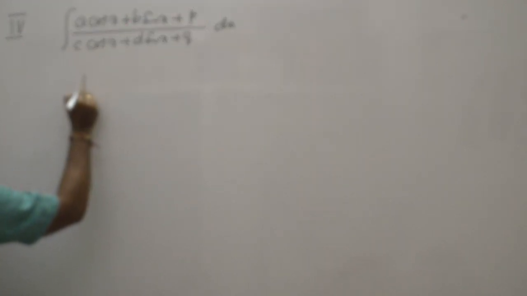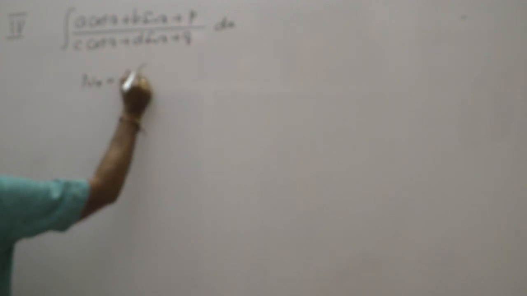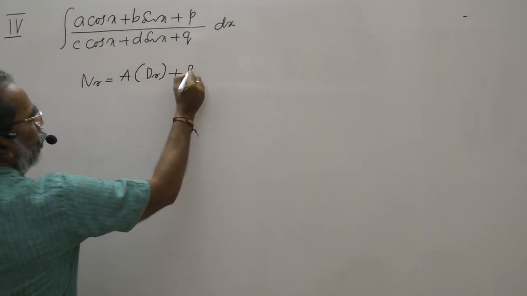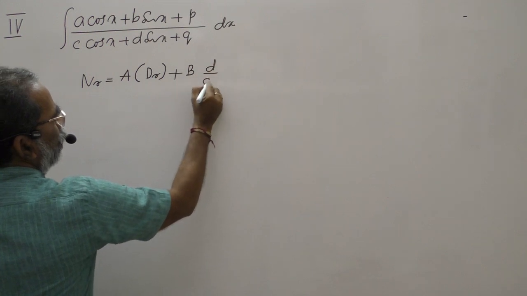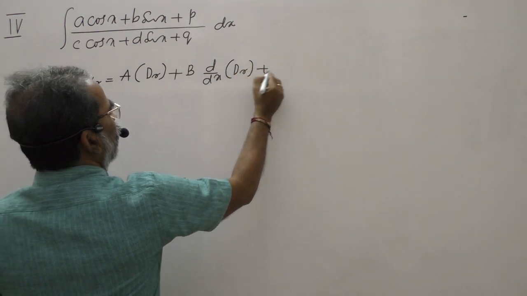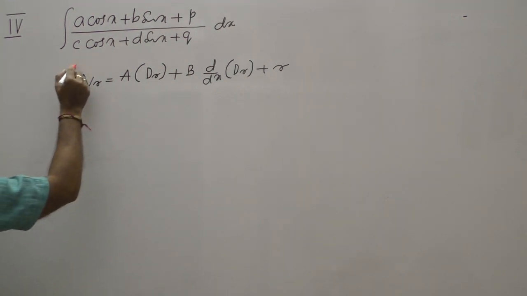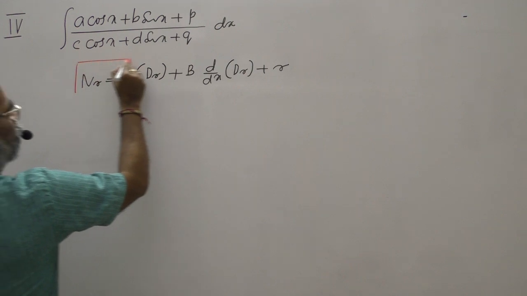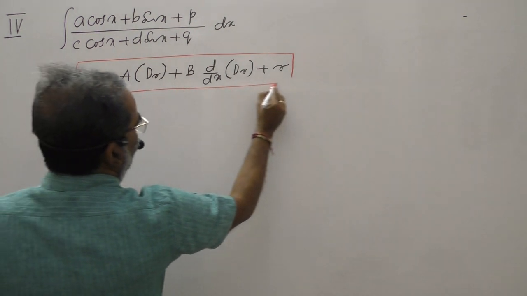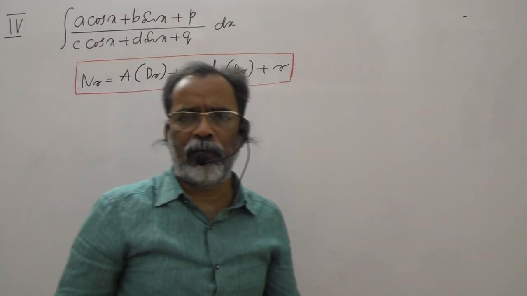For this, what is the procedure? Numerator is equal to some constant a into denominator plus b into d by dx of denominator plus some constant, whatever, you should take a constant. This is the procedure for this type 4. Types 3 and 4 both are most important in the final exam. These will be asked in the long answer questions.